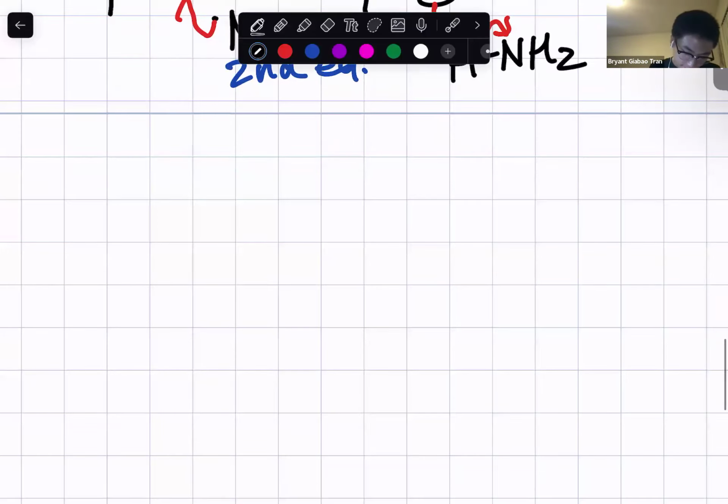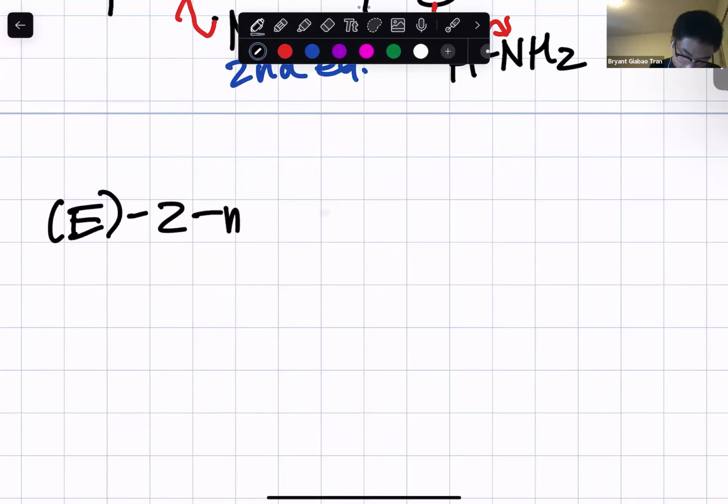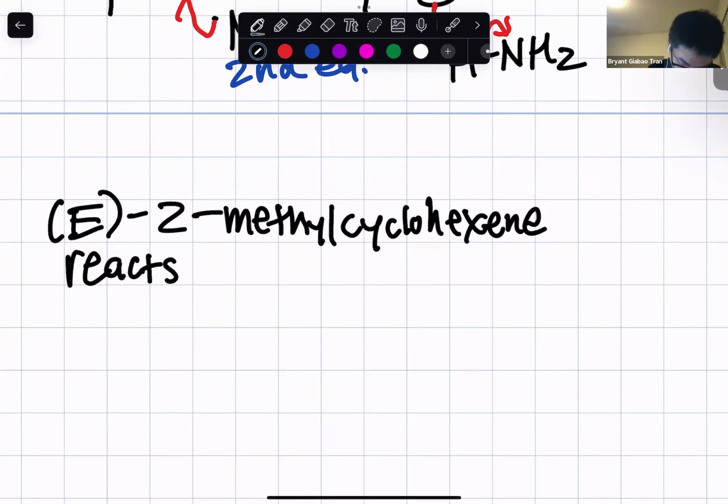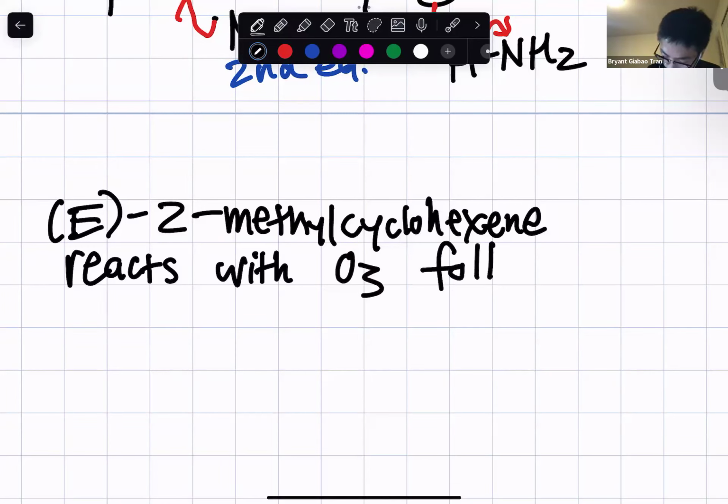Like if he says 2-methylcyclohexene reacts with O3 followed by a reduction step.